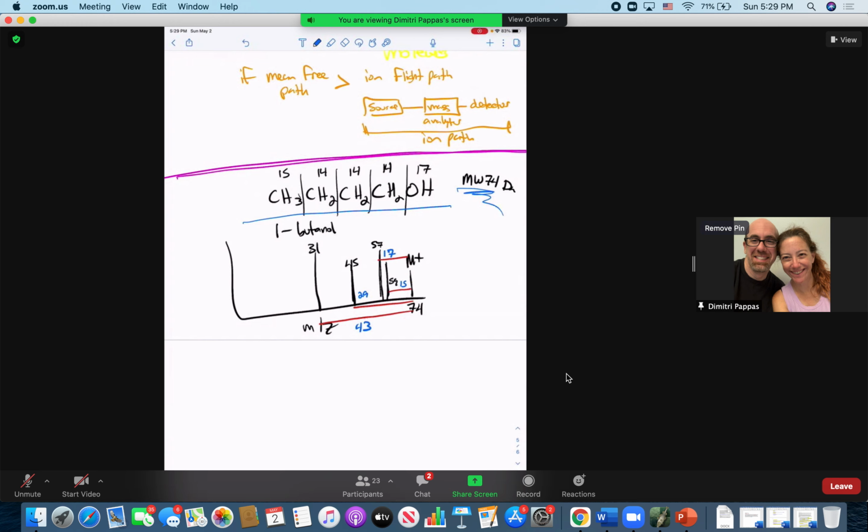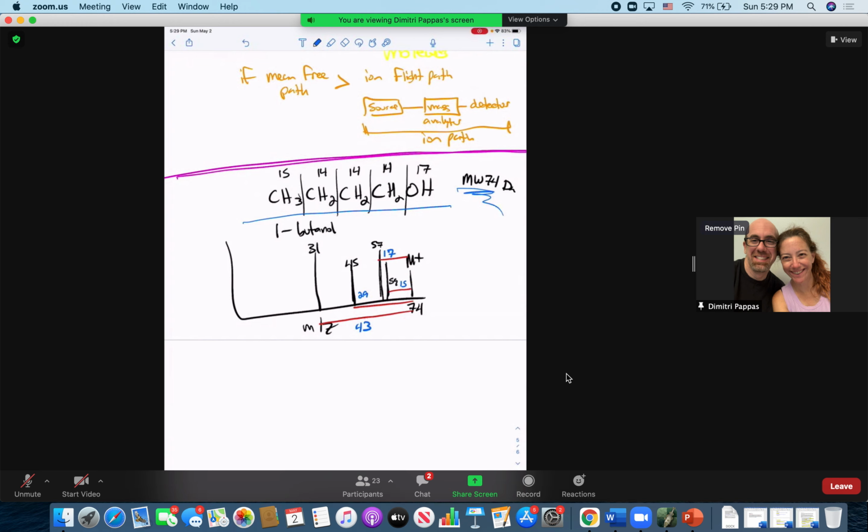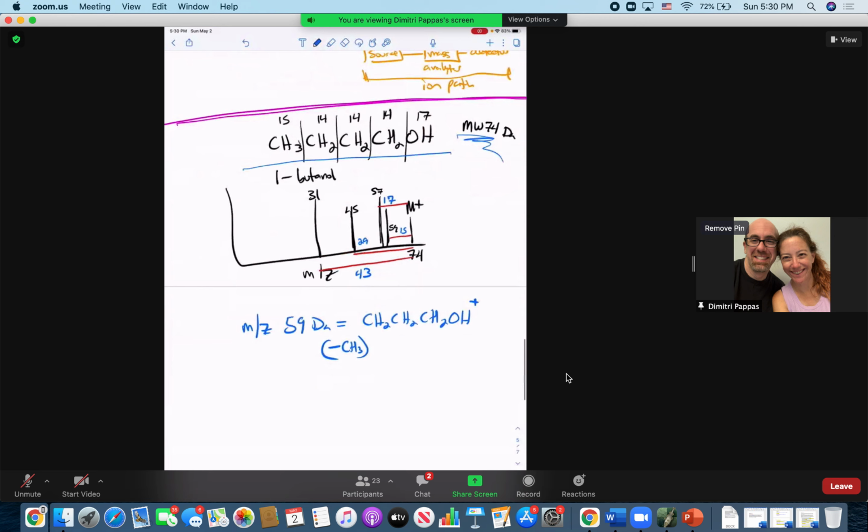So what functional group has a mass of 15 that likely fell off to produce the 59 Dalton ion? The methyl group. Yeah, you would lose a methyl group. So it would be CH2, CH2, CH2, OH plus, right? So you lost the methyl group and made that ion.